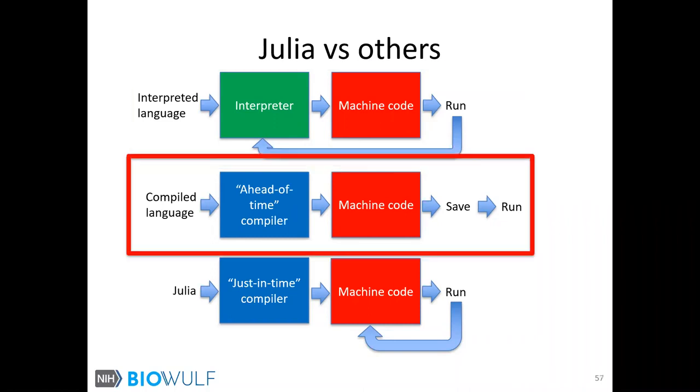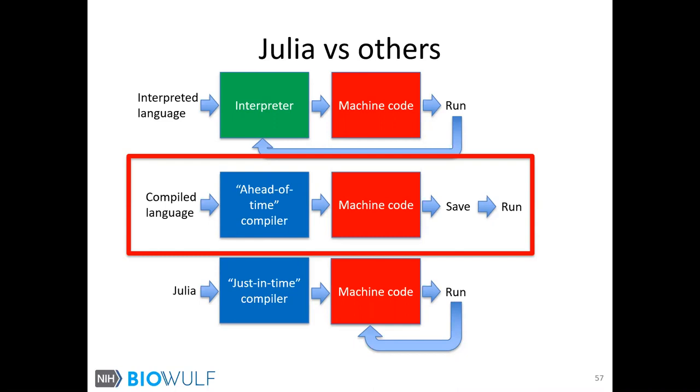And then on the other hand, you have compiled languages. And by compiled here, I mean ahead of time compiling, which basically means you have your script and then you run it through an ahead of time compiler that turns it into machine code, and then it's saved on disk. And then you can run that same compiled machine language script as many times as you want.